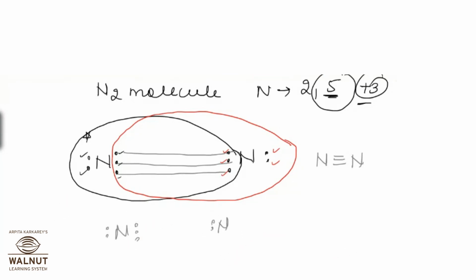Why did ma'am write it like this? Why not write 1 2 3 4 5 some other way? We can write like this also, but in this case you will face a lot of difficulty in sharing the electron. This is pretty much easier and clean to understand. You know it has 5 electrons, so it needs 3 more electrons. So somewhere in your mind this process should go on, that 3 bond formation might have taken place.